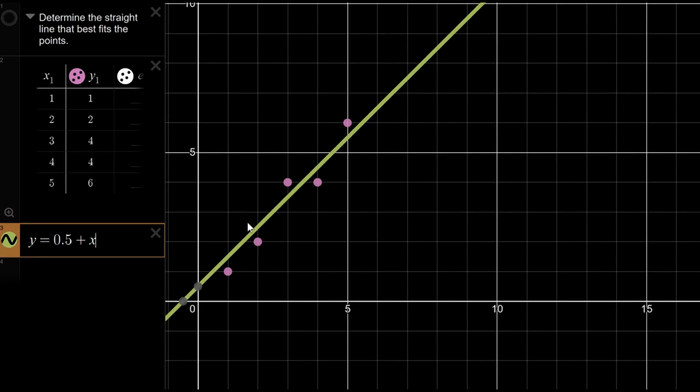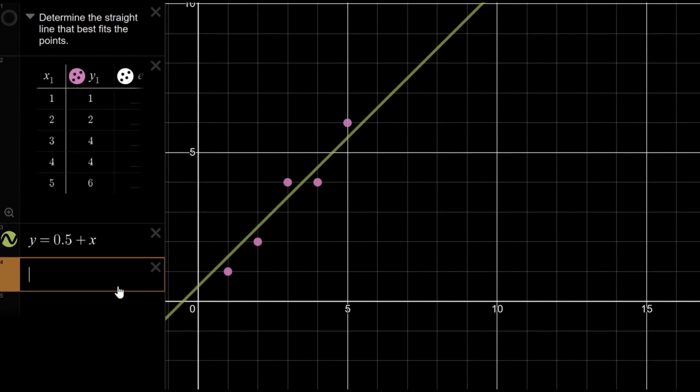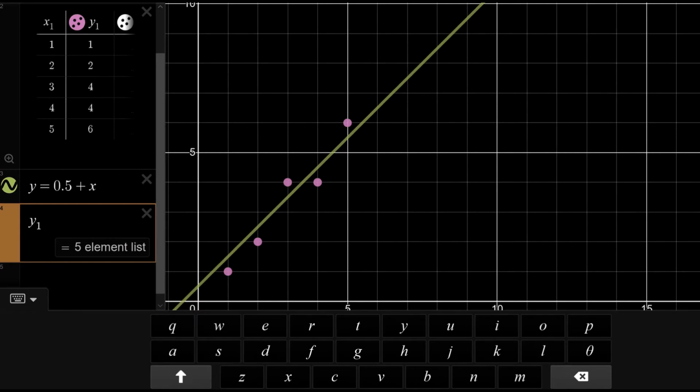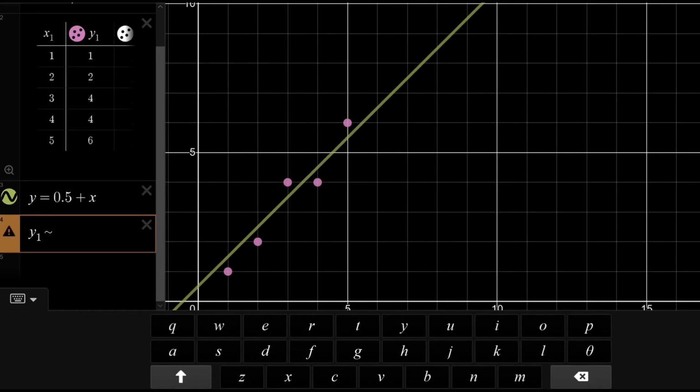This seems to be a good choice for the line of best fit. But if we are trying to find a better choice, let us approximate this to be the line y_i equals m x_i plus c, where m is the slope and c is the intercept.